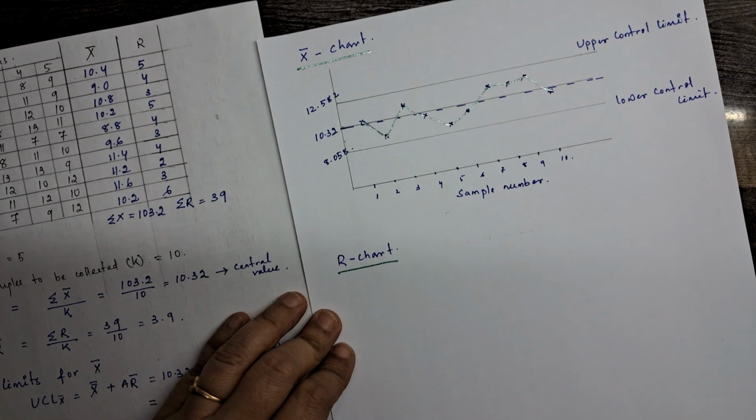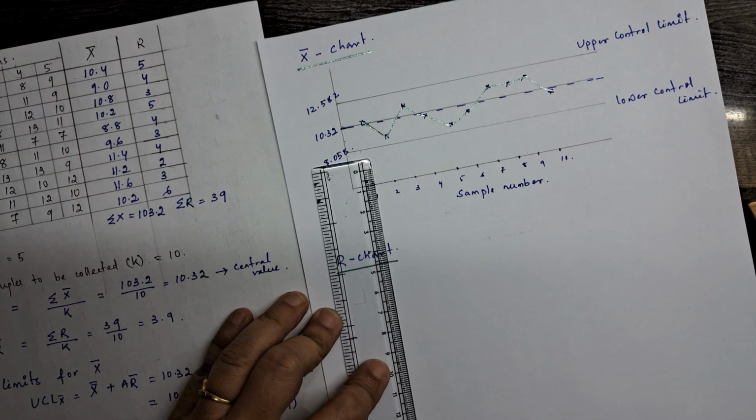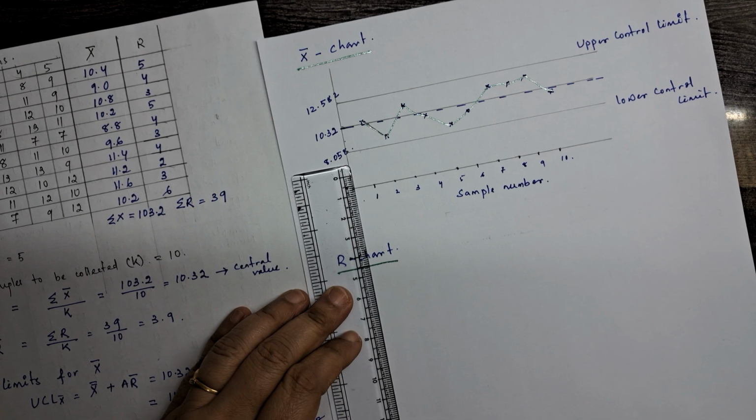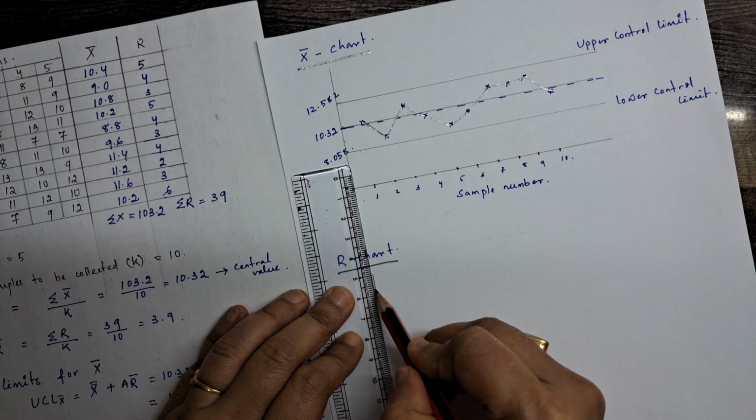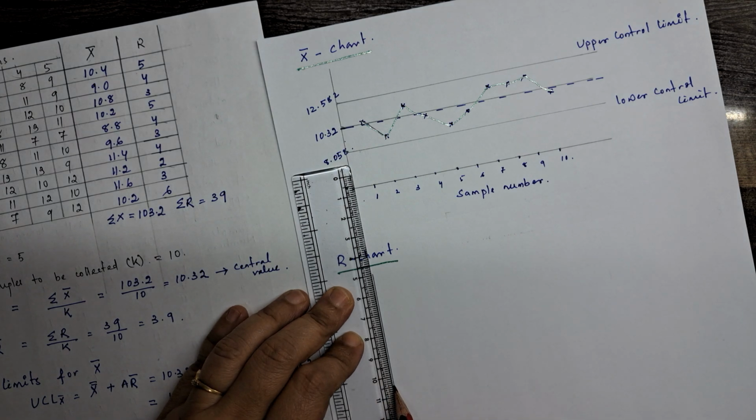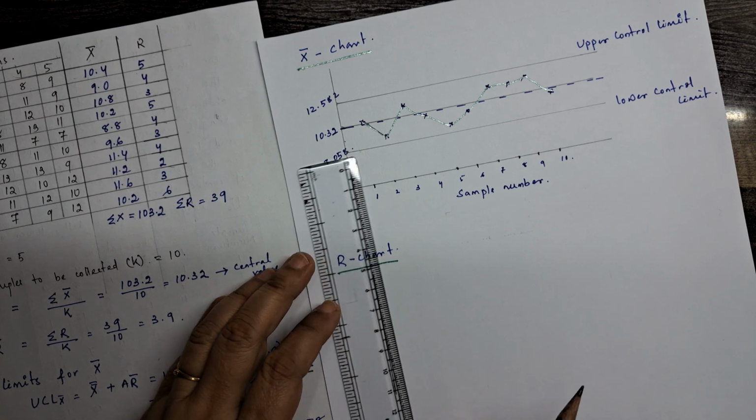So for the R chart, the upper control limit is 8.229 and the lower control limit is 0. So the x-axis only represents the lower control limit.